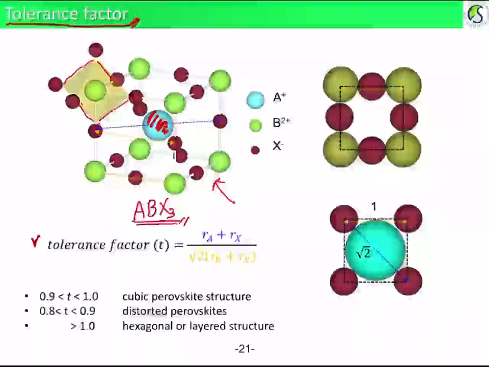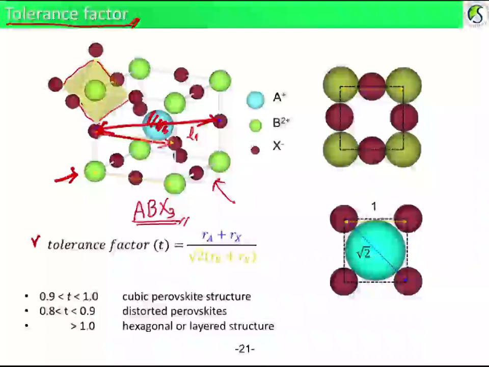So if we assume that this unit cell is a cube, there should be a relationship between, for example, this length. Let's say this length is L1, this length is L2, and this length is L3.